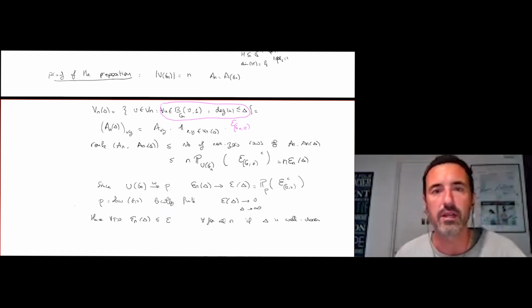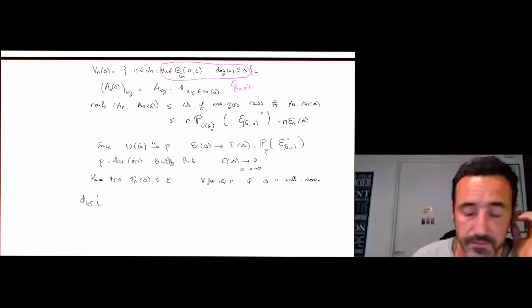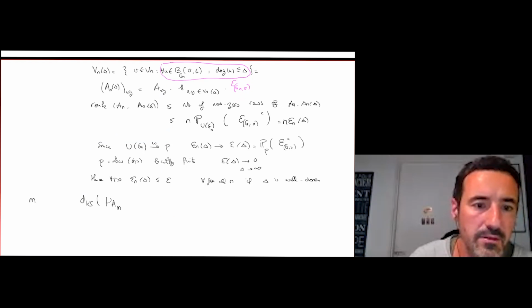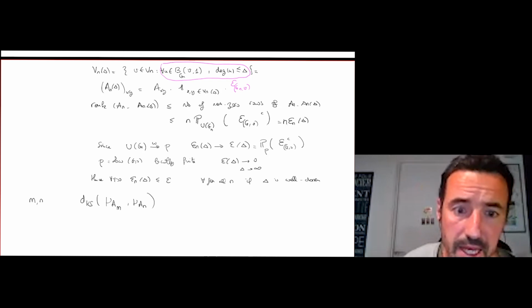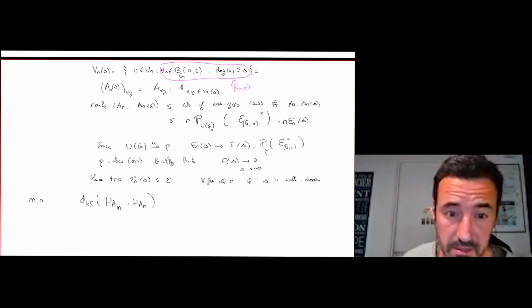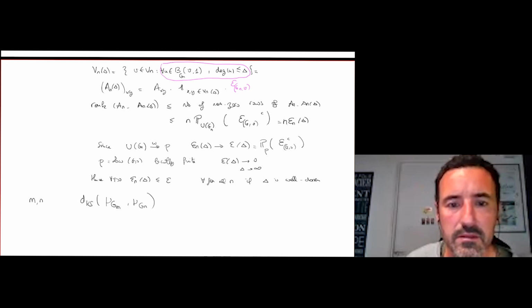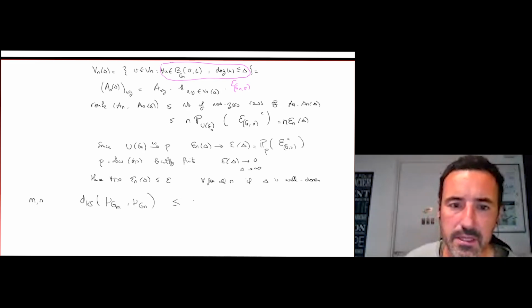Okay, so now you can come back to what you want to prove. We will prove that this spectral measure forms a Cauchy sequence. So you take m and n, two integers. You look at the Kolmogorov distance between the adjacency matrix A_m and the adjacency matrix A_n, which I denote by G_m and G_n.